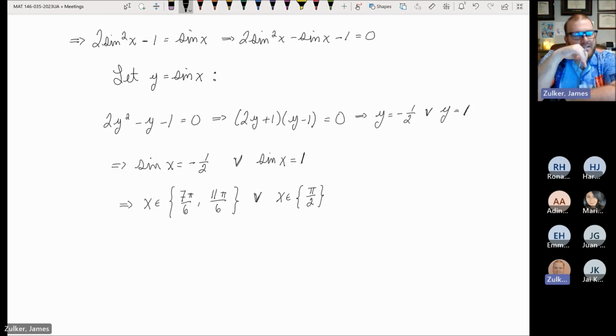Sine is 1 at pi over 2. Not 3 pi over 2. Sine would be negative 1 at 3 pi over 2.